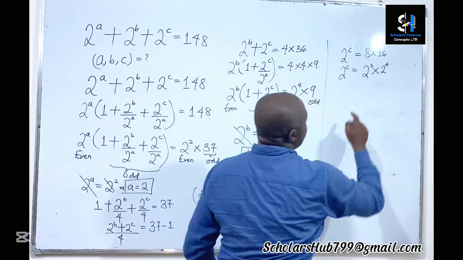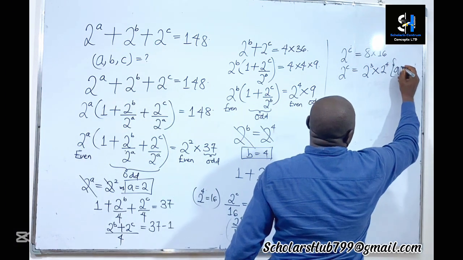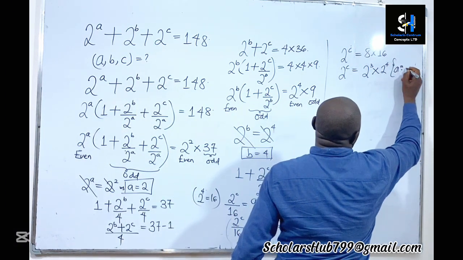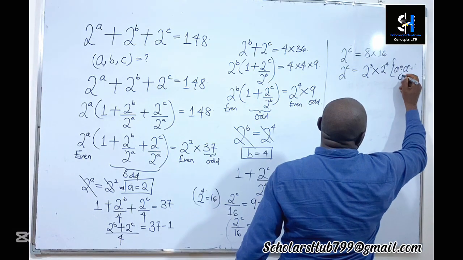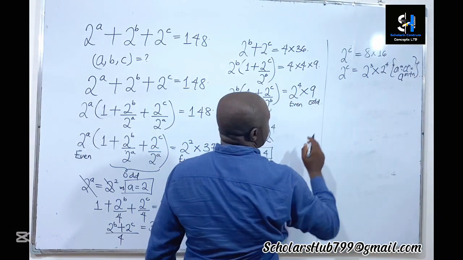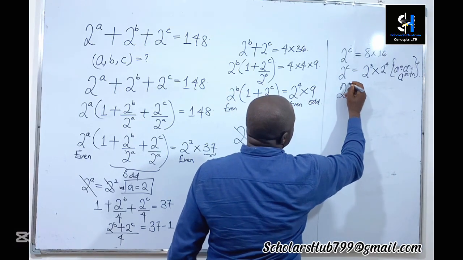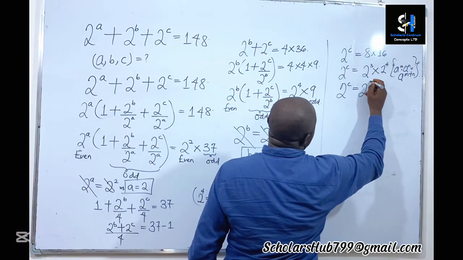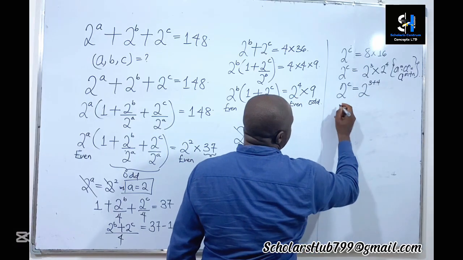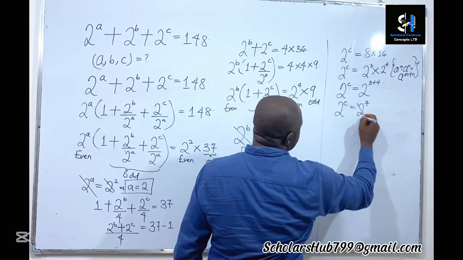Now, we can apply one of the properties of exponents in this case. That is the property a raised to the power of m multiplied by a raised to the power of n will be a raised to the power of m plus n, which is the product rule for exponents. So in this case, 2 exponent c will be equal to 2 raised to the power of 3 plus 4. And this will be 2 raised to the power of c equals 2 raised to the power of 7.